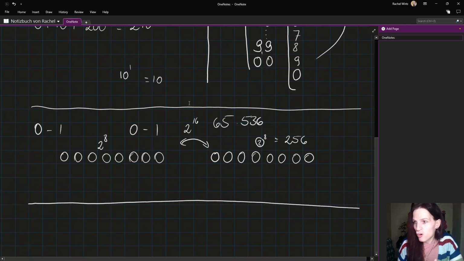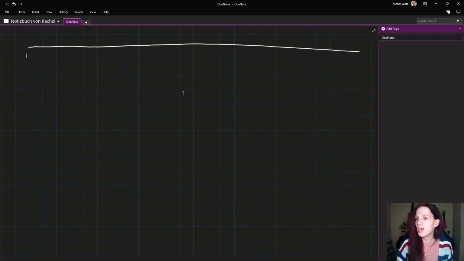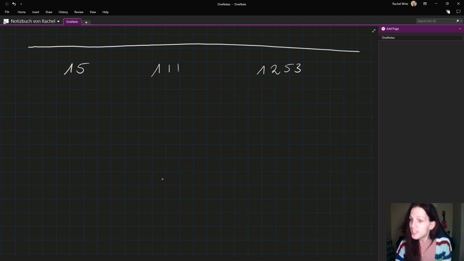As we now draw the line between our everyday numbers and bytes, let's go back to our everyday numbers and pick out some random numbers. Let's take the 15, the 111, and 1253, and divide them into their parts.